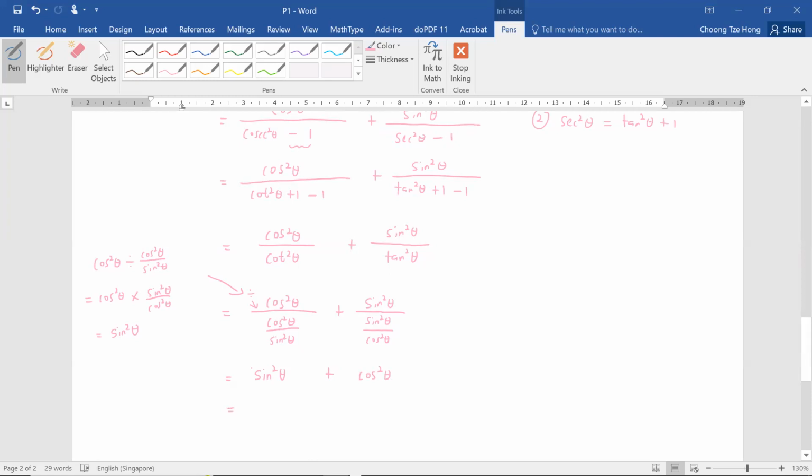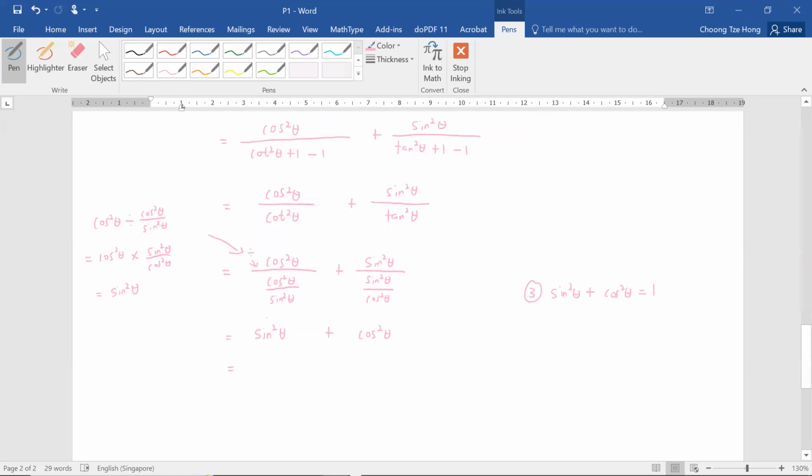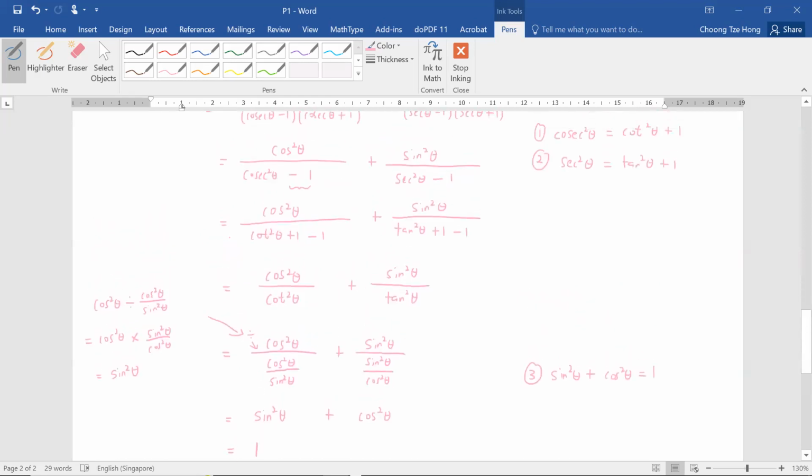And then finally, we'll just apply the third identity that we are going to use today: sine square theta plus cosine square theta is equals to 1. This is something that we are all too familiar with. So finally, you'll be able to show what you need on the right hand side. This is how you deal with questions regarding the proving of trigo identity.